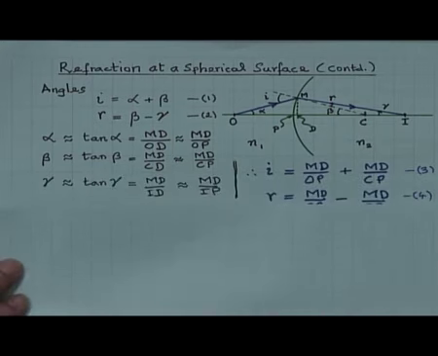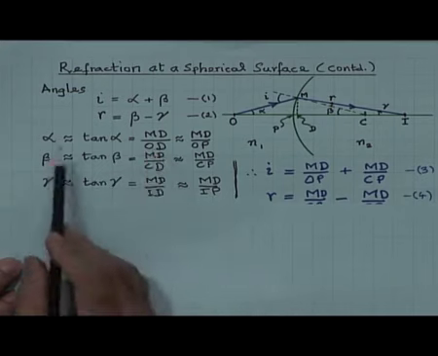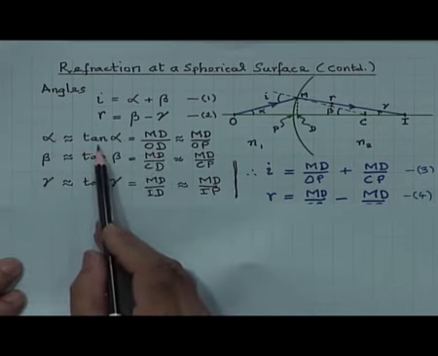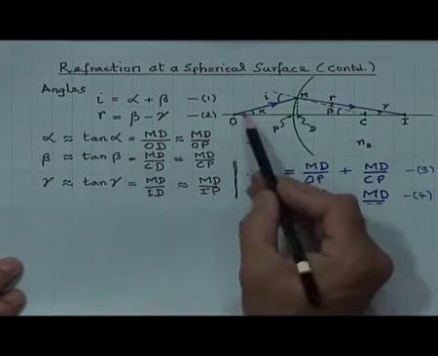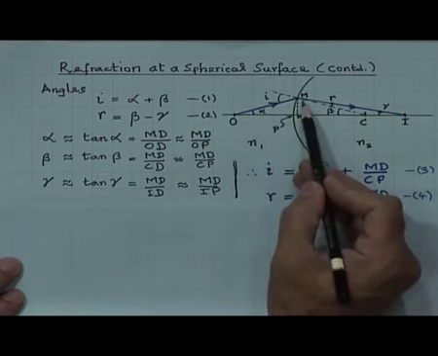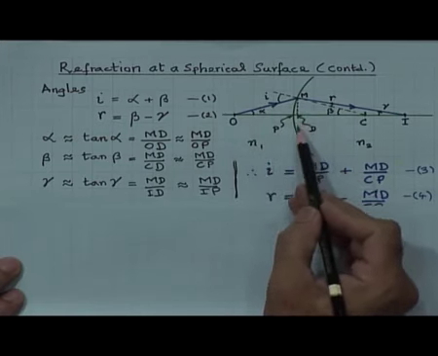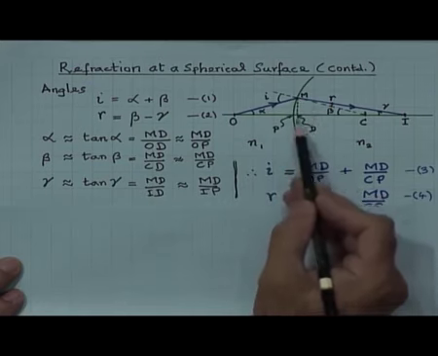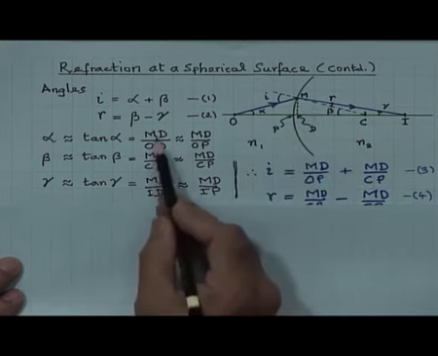Then the second point, because of the paraxial approximation which we just discussed, alpha is nearly equal to tan alpha. In this diagram, if we see alpha, tan alpha is MD by OD.